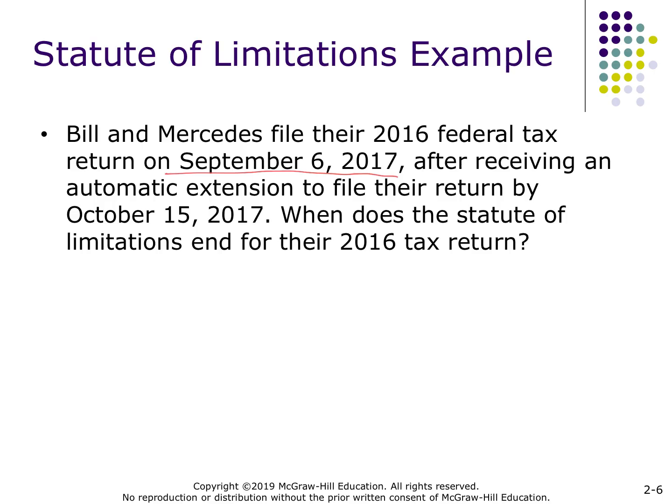All right, so they filed it September 6, 2017, but it was actually originally due April 15th, 2017. So remember that the statute of limitations ends 3 years after the later of the actual filing date and the original due date.